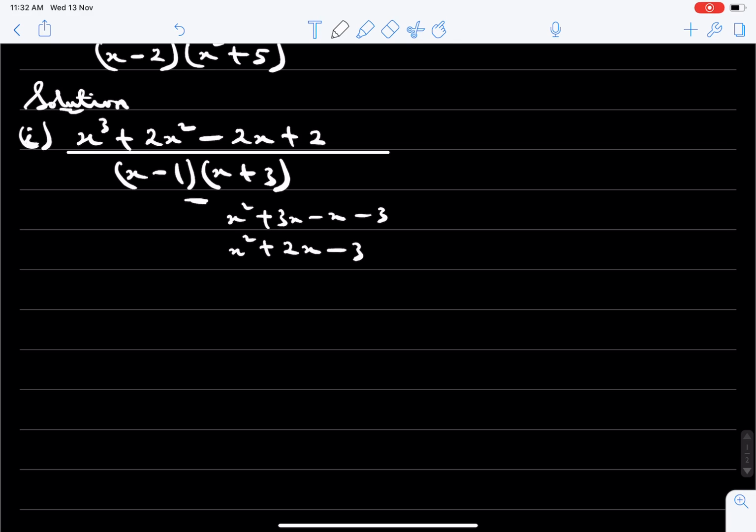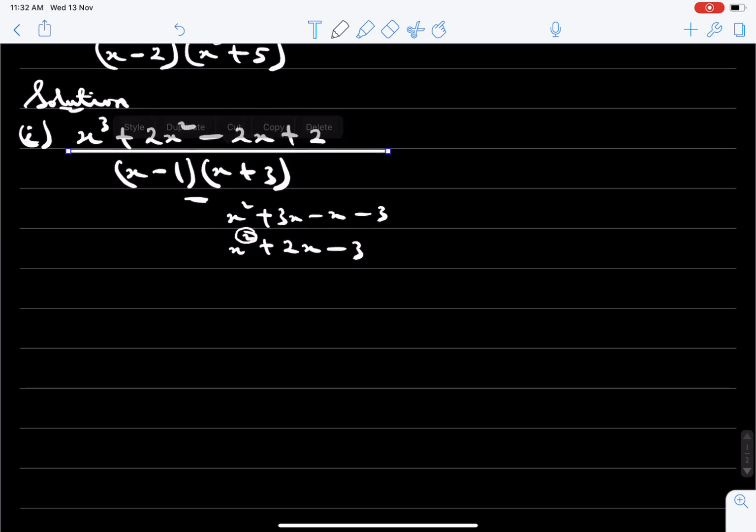And we can see that the degree is the highest index in it. That means it's a polynomial of degree 2. The denominator has degree 2 and the numerator has degree 3. So the fraction is an improper fraction.